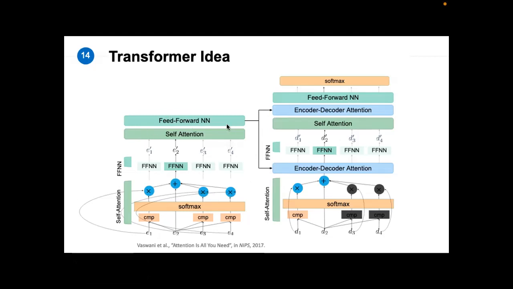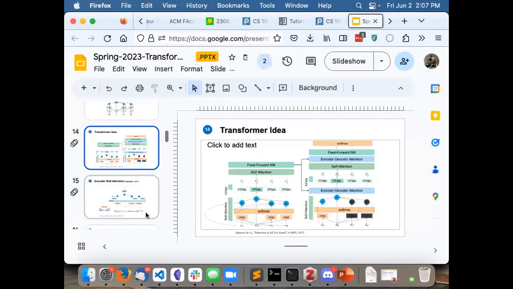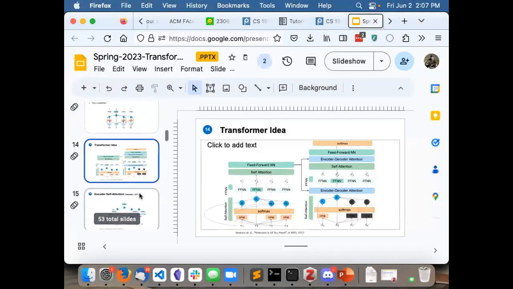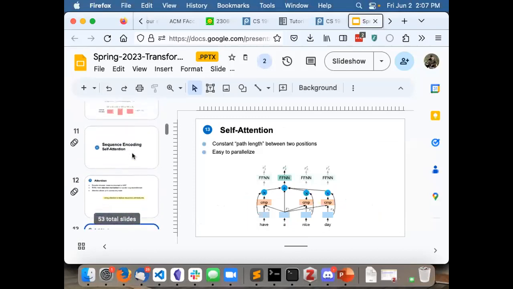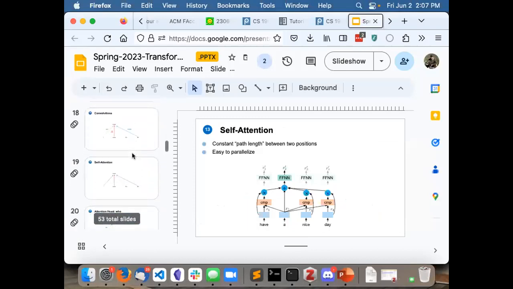Same thing here, feed forward neural network. And the self-attention here, that's this key idea of mixing all this information together. What we're showing here is that specifically for E2 in the sequence, the self-attention mechanism is doing this mapping. I believe CMP stands for query and key mapping, but it's using that query and key mechanism that we talked about last week, and I'll go over again, just to ensure that you have this understanding.